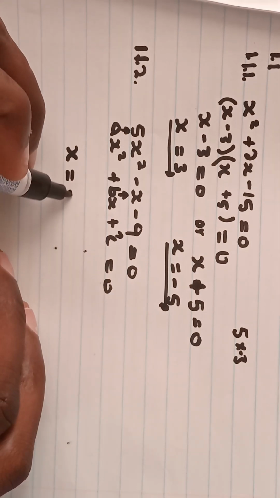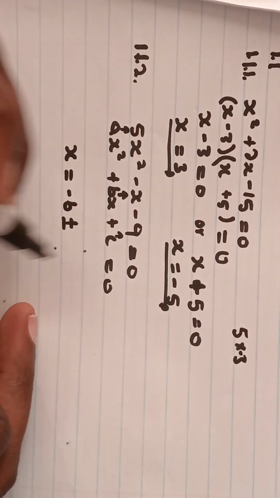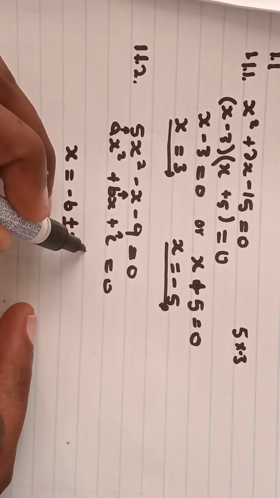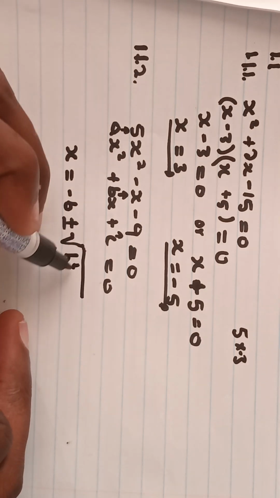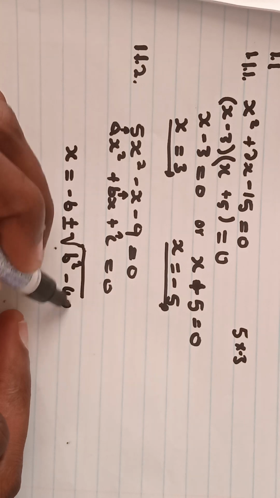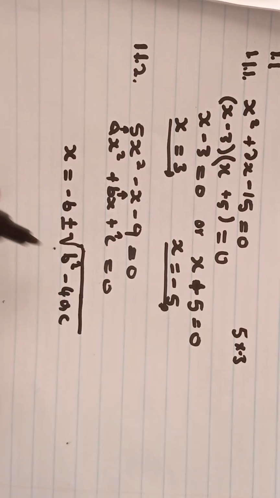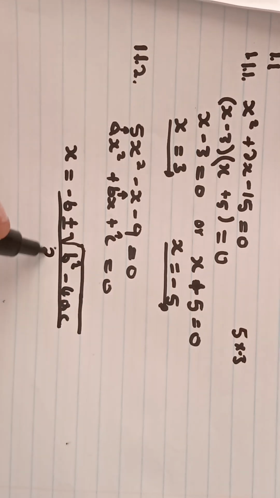x is equal to negative b plus or minus the root of b squared minus 4ac, all over 2a.